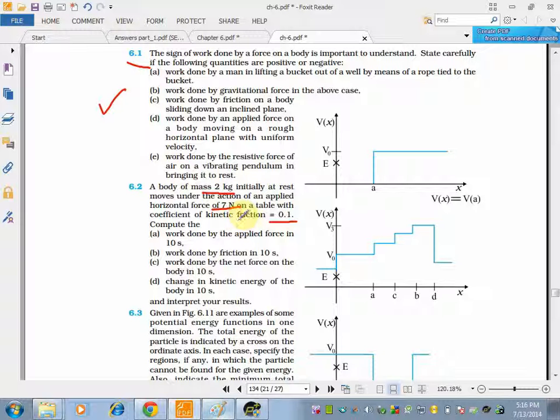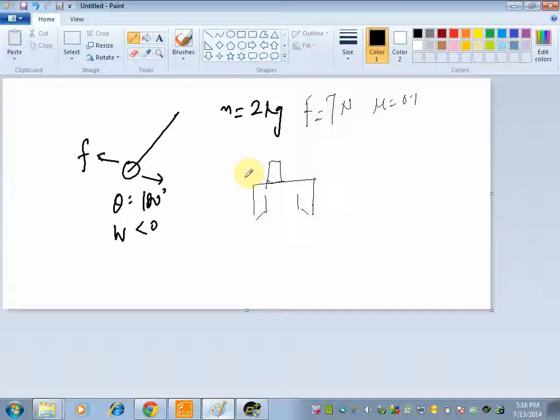So, work done by the applied force in 10 seconds. The force is acting here. This is 7 Newton and it will move in this direction. So what? Force dot s.